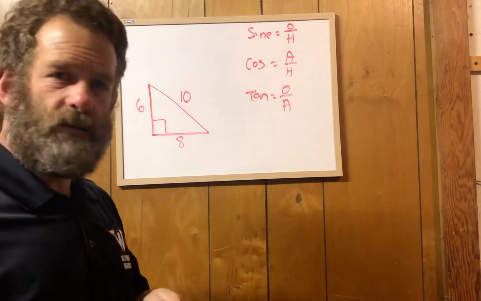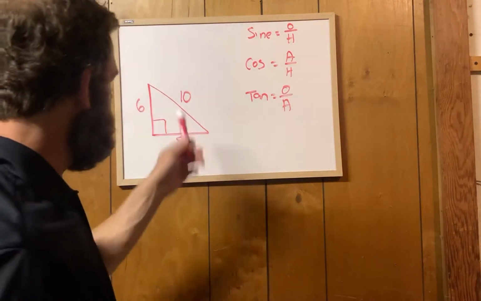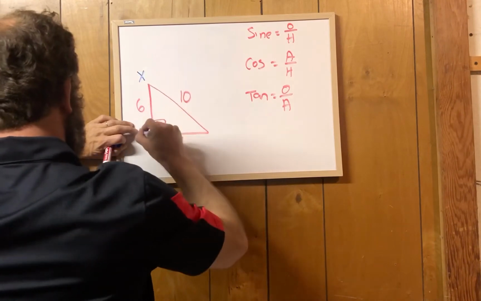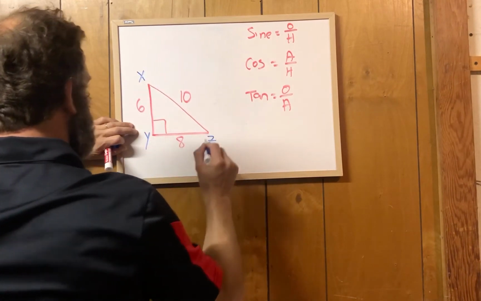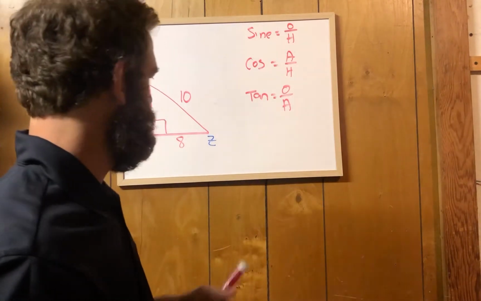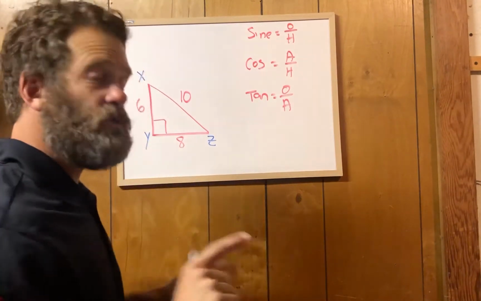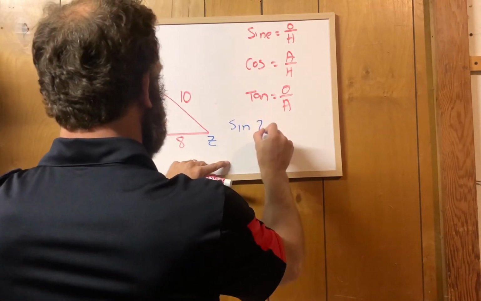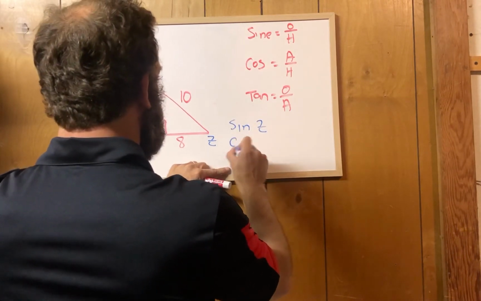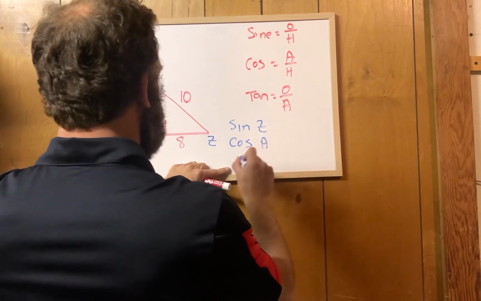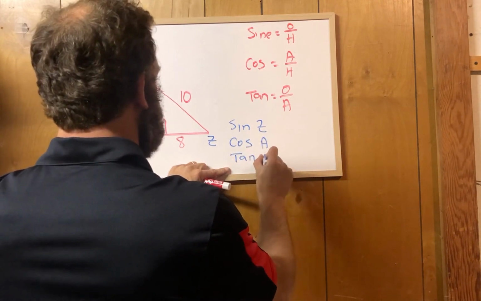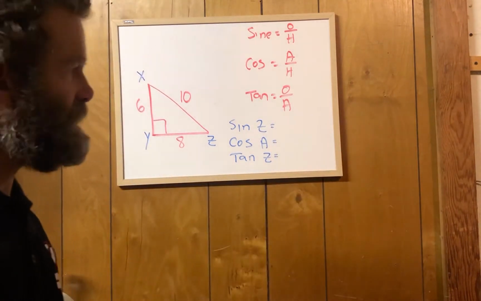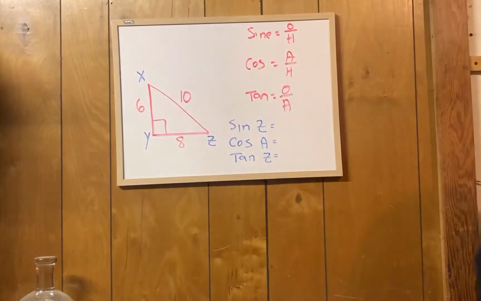Don't worry about the triangle that I give you in the notes. Do this triangle. So this is going to be X, Y, Z. And I'm going to ask you guys, just write this as a fraction. What is sine of angle Z, cosine of angle A, and tangent of angle Z? So see if you can do this. Pause the video and see if you can do this.